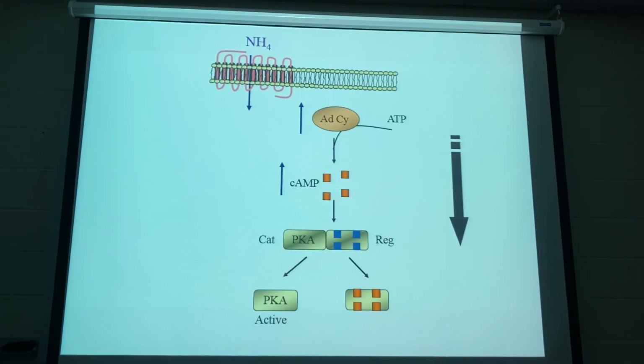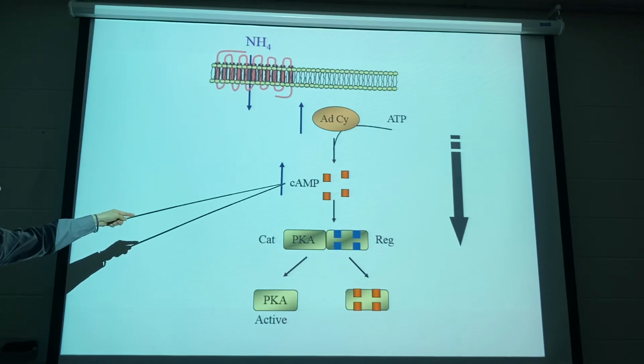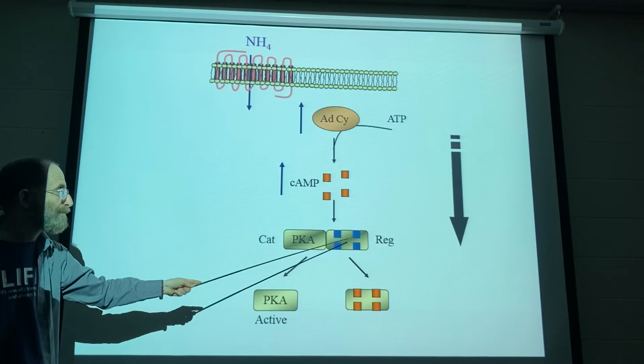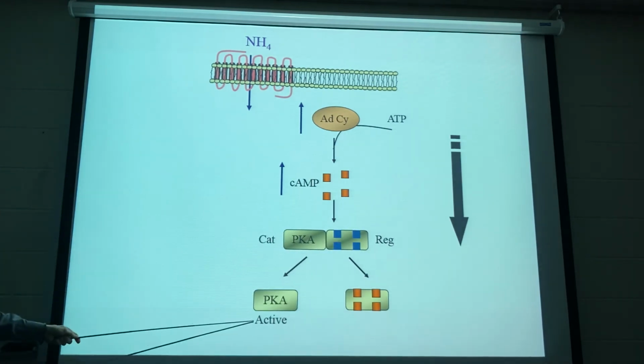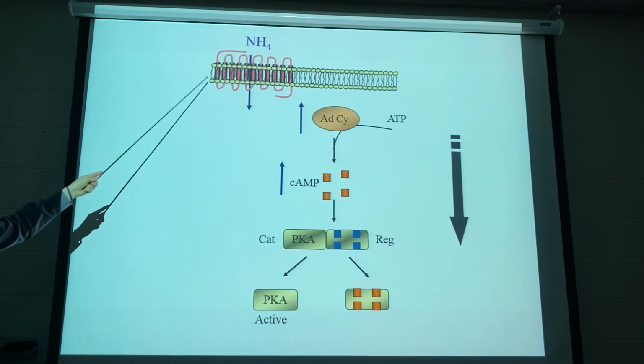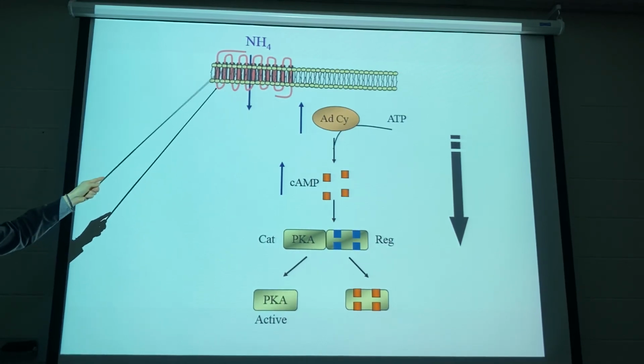Okay? All right, so kind of recapping, you've got this pathway, the cyclic AMP dependent protein kinase A pathway, where the production of cyclic AMP affects the regulatory subunit of PKA, allowing for PKA to become active. And now we're showing that this ammonium transporter is somehow involved.